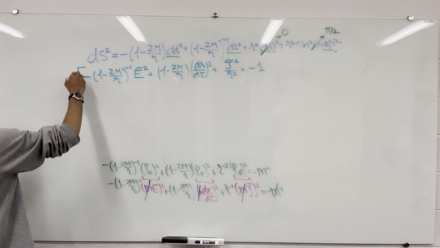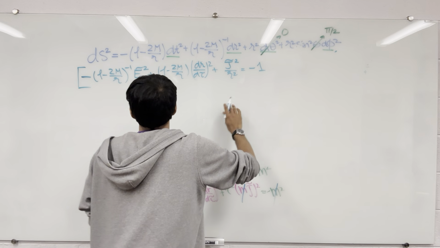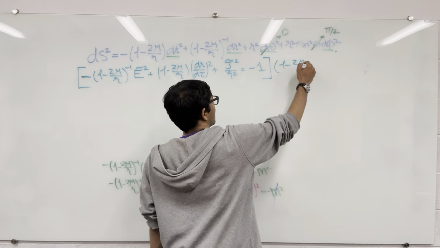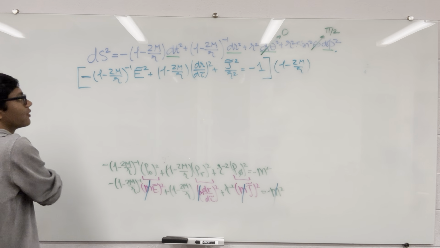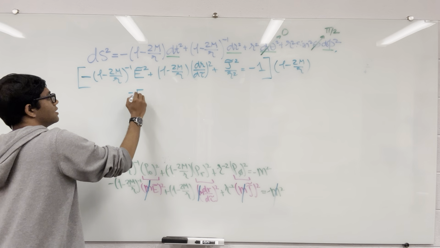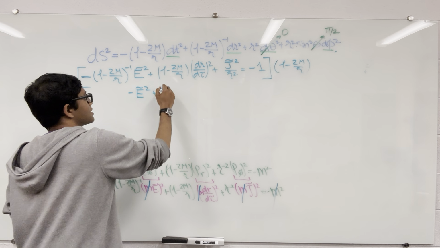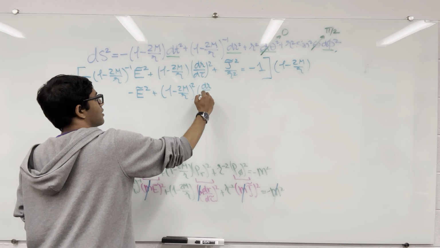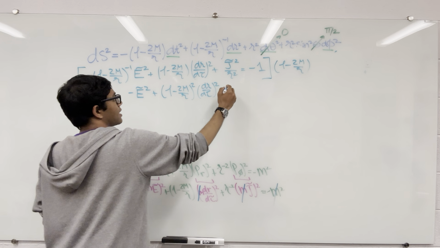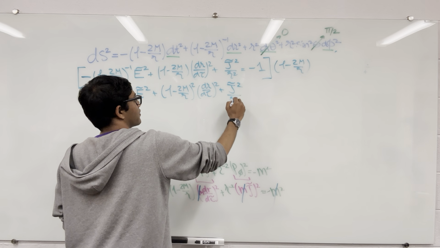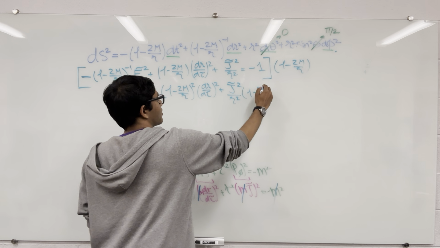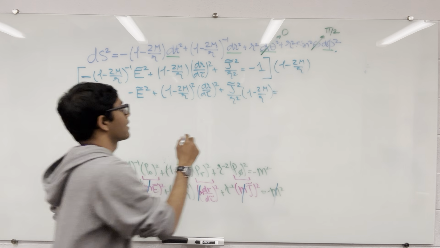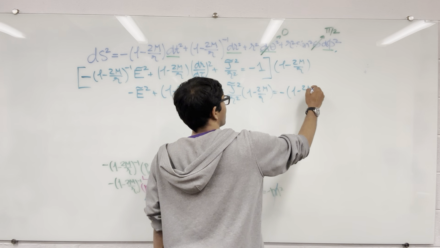So if I multiply both sides by 1 minus 2m over r, then I would get minus E tilde squared plus 1 minus 2m over r squared dr d tau squared plus j tilde squared over r squared times 1 minus 2m over r is equal to minus 1 minus 2m over r.